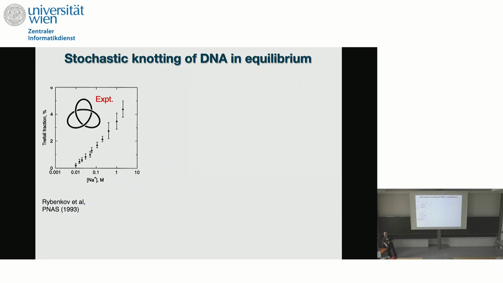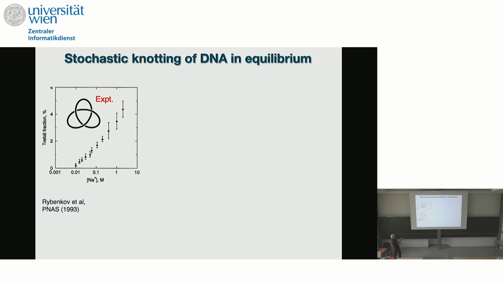Okay, so first, besides using this as an introduction, I thought I might also show a couple of figures from the paper of Cozzarelli, which I think might be of interest to the community here, because one thing that they did back in the day was to check what is the impact of the strength of the ionic solution, monovalent salt, the sodium chloride, on the knotting probability of the DNA in equilibrium and on the abundance of the various knot types.